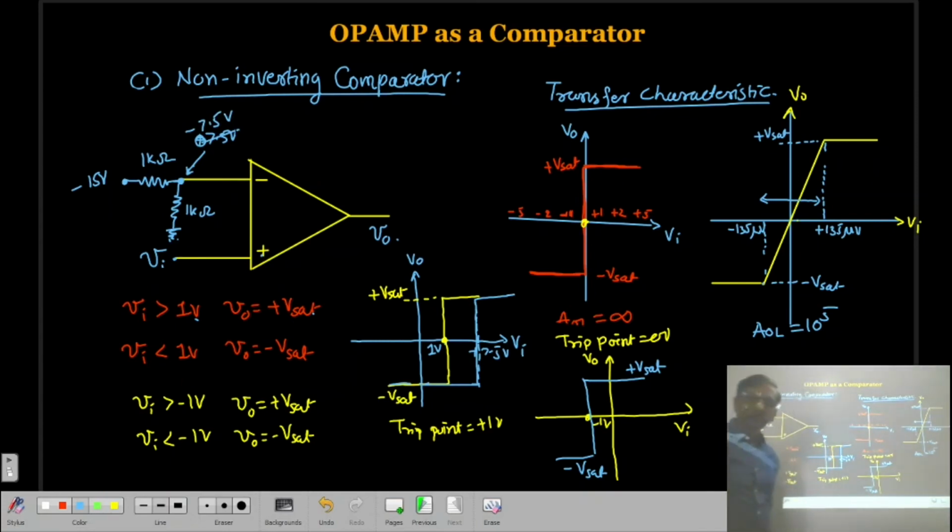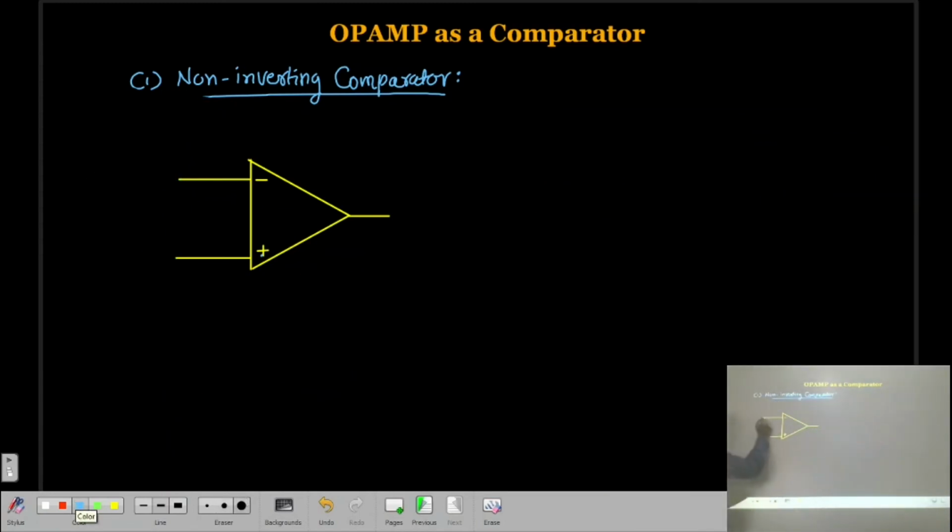Okay. Now let us apply a sine wave at the input of the comparator. Here, my reference voltage, let us say, is 0. V reference is 0. And we apply a sine wave at the input of this operational amplifier.